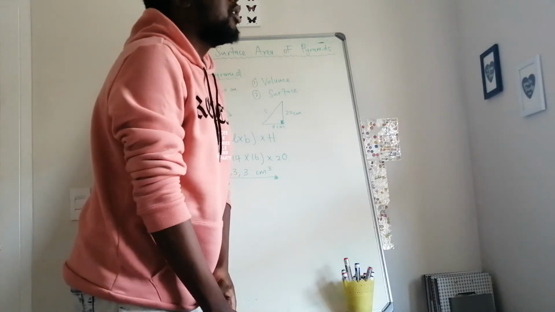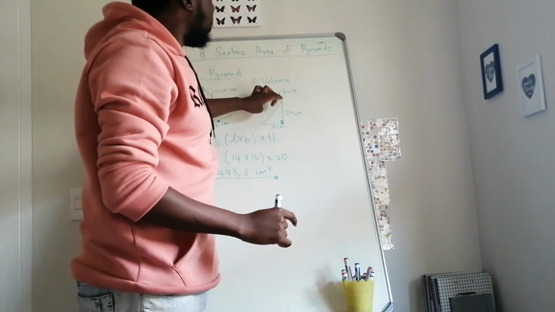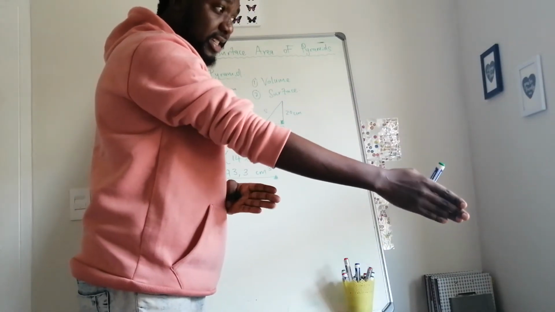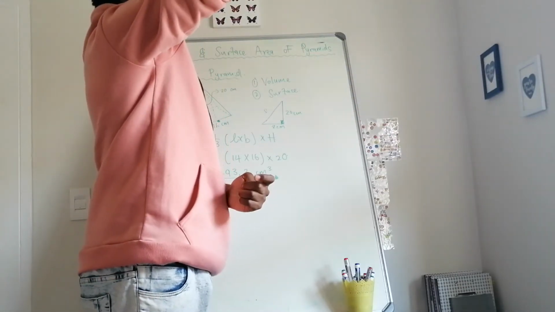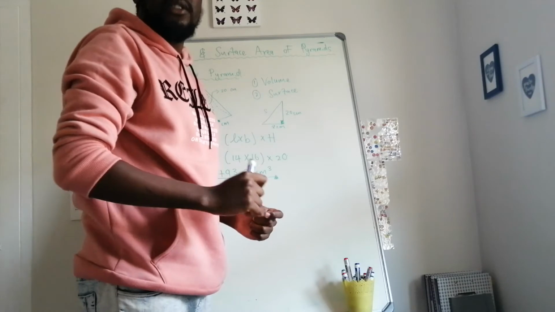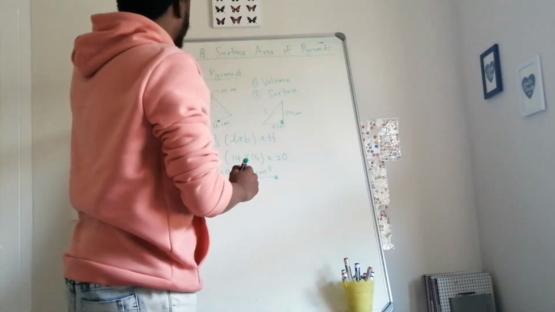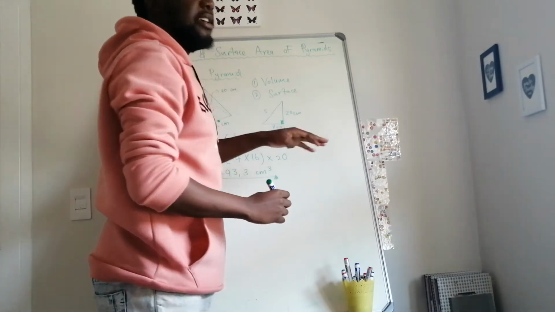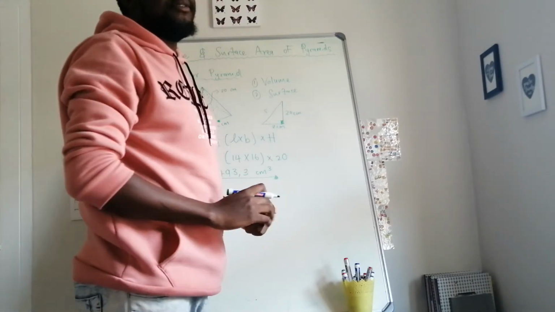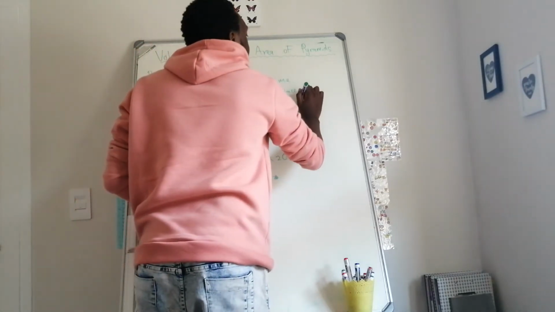When I look up, I see the top of the pyramid, which is the 20 centimeters, a line that is 20 centimeters long. And then the side of the pyramid, the slant height, comes down from the side, and that's the S I'm trying to find there. So how do I find that S? I apply Pythagoras.